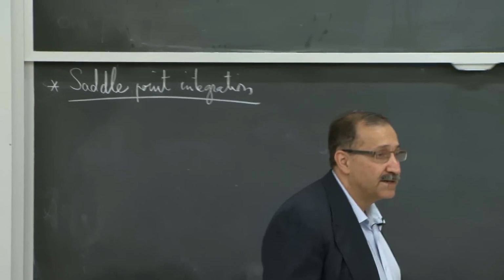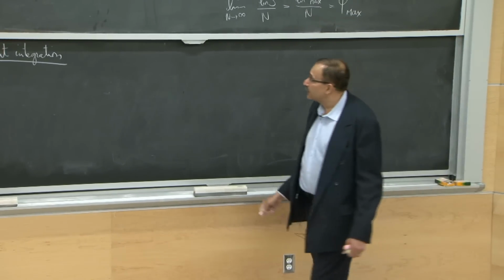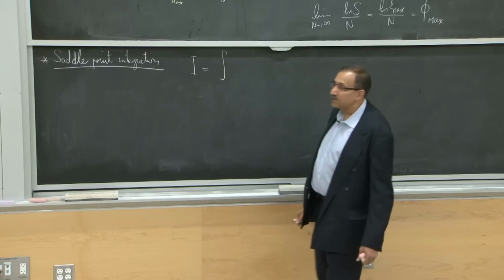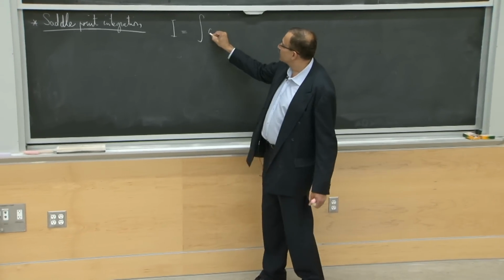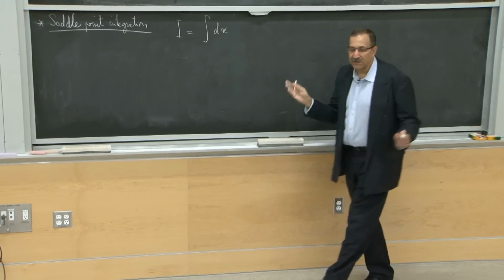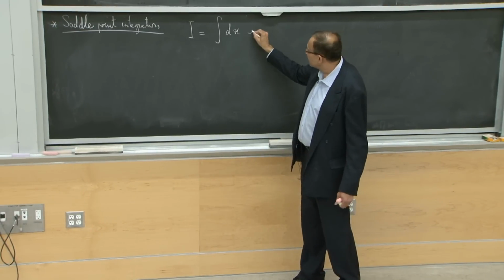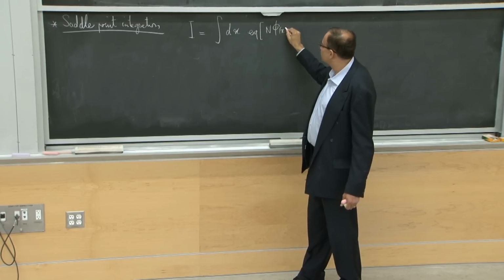So basically there, rather than having to deal with a sum, I deal with an integral. The integration is over some variable, let's say x, could be energy, whatever. And then I have a quantity that has this exponential character.